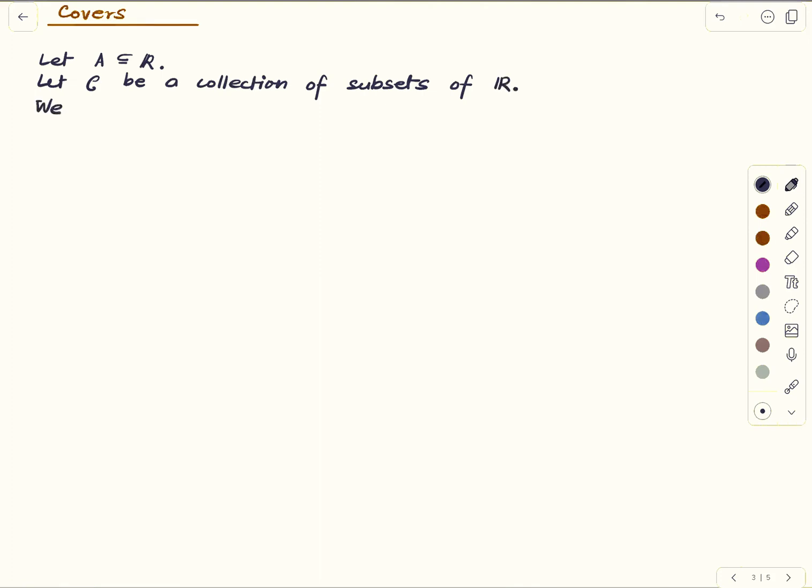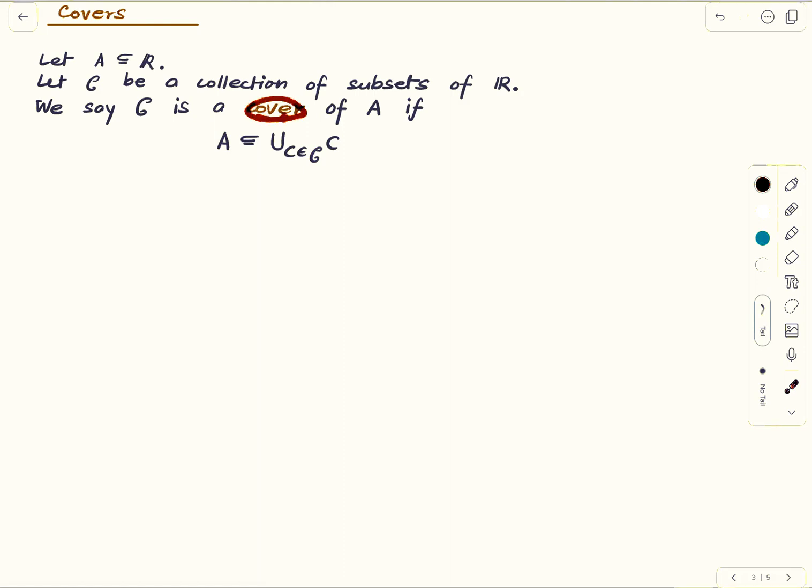And we say that this is a cover of A if the union of all the things in fancy C contains A. In notation, it reads A is contained in the union of all the things in fancy C. In other words, every element of A is in some element of fancy C. So the terminology is well chosen.